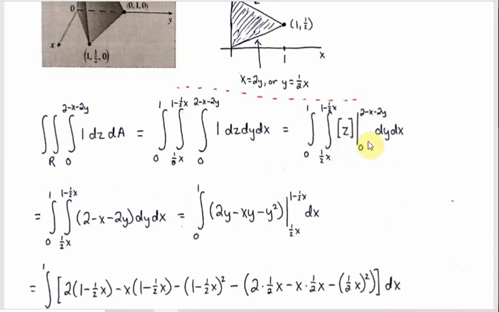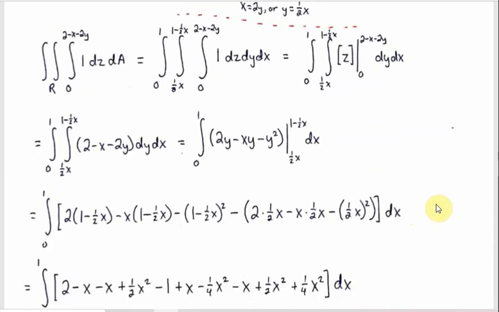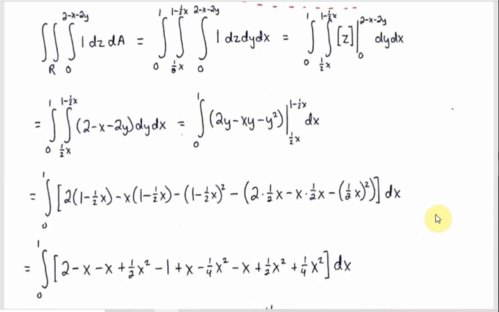Let's see, integrating with respect to z, that part's pretty fast, where you just end up with 2 minus x minus 2y, dy dx. And then we just have a double integral that we've got to deal with. So then integrating with respect to y, and then subbing in and simplifying, this actually requires a decent amount of work. You have to sub in 1 minus 1/2 x in 3 spots, and then 1/2 x in 3 spots.